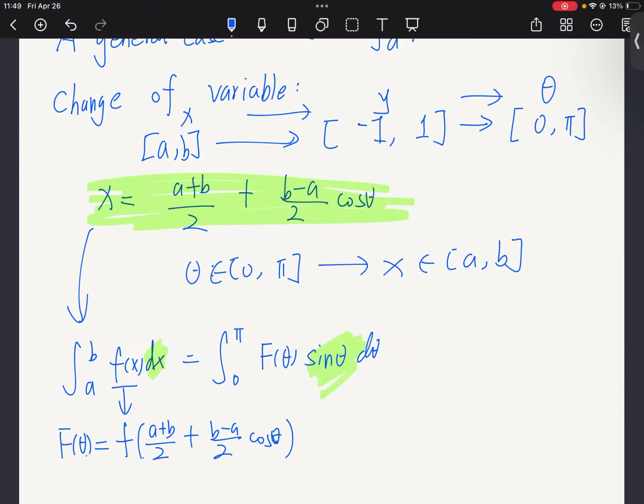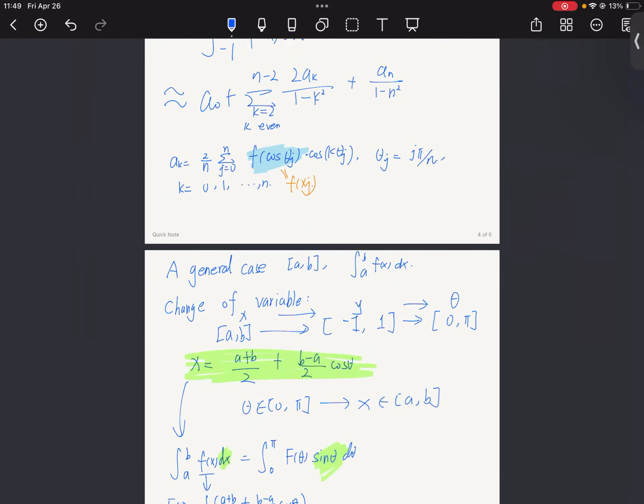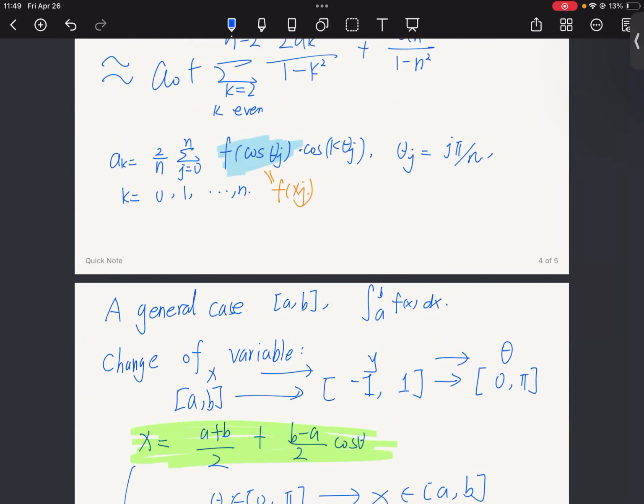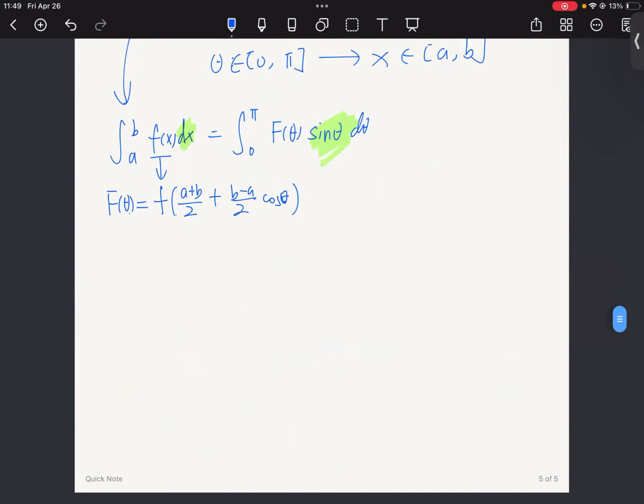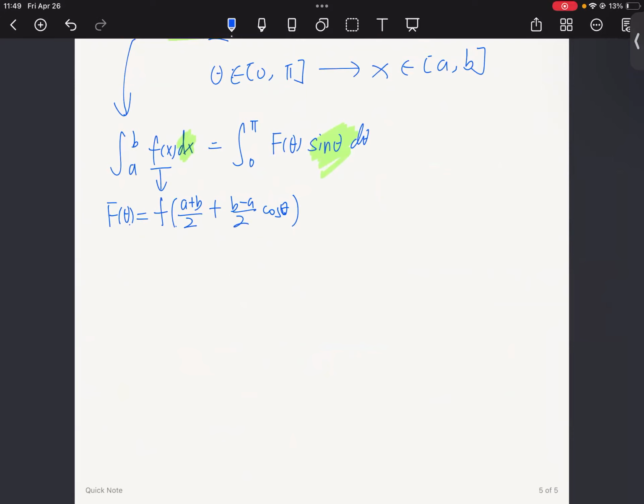And now for the f(theta) again, you are going to use the p_n(theta) here to approximate it, that Chebyshev polynomial, and then use the formula there, and that's it. So this is how we do the general case.